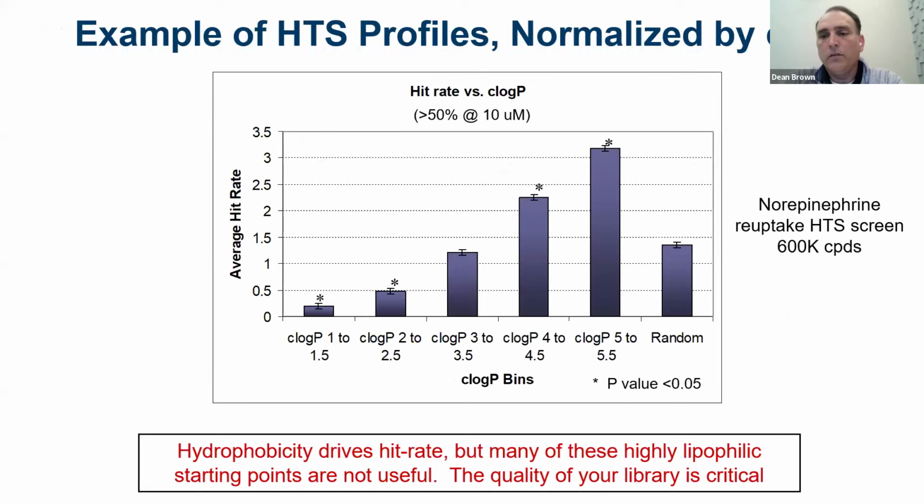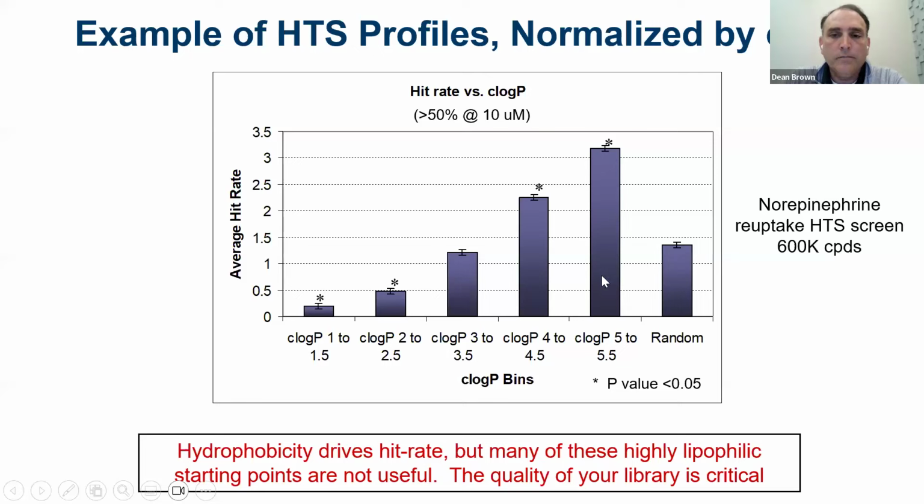This was a norepinephrine reuptake HTS screen that we did many, many years ago. If you look at the random hit rate, the hit rate at large is about 1.25%. So if you screen 2 million compounds, you're going to get a hit rate of about 1.25%. But if you then bin it and say, how many compounds did I have in my collection that had a C log P of 5 to 5.5?